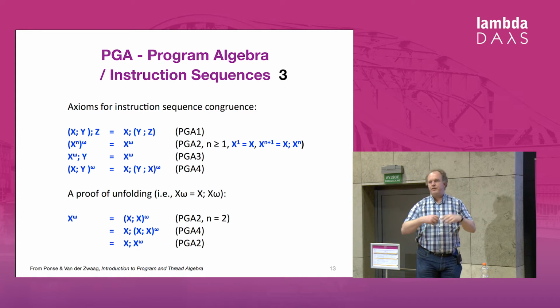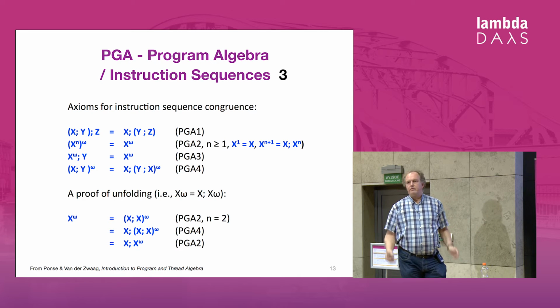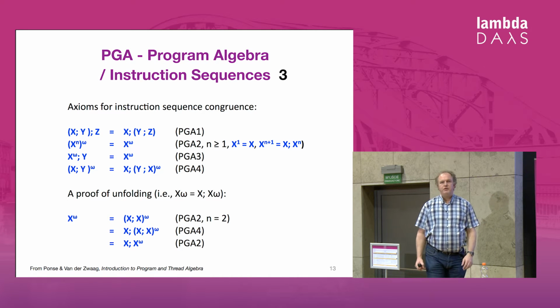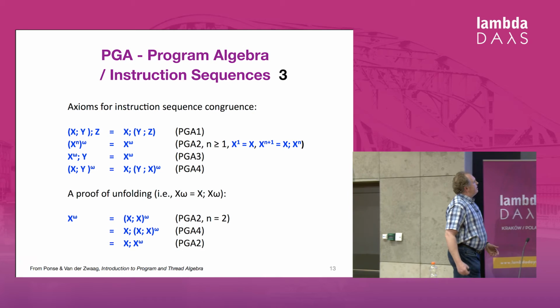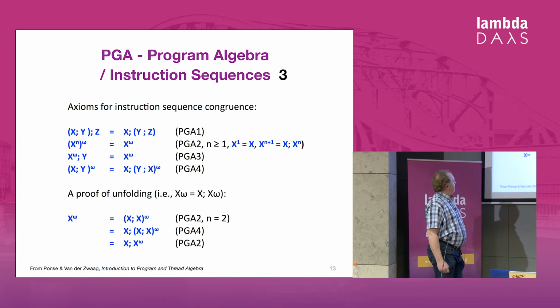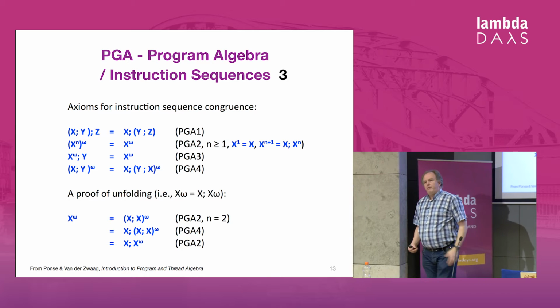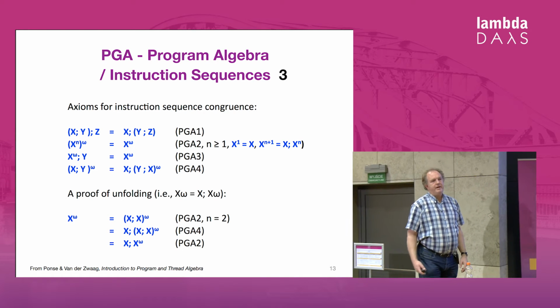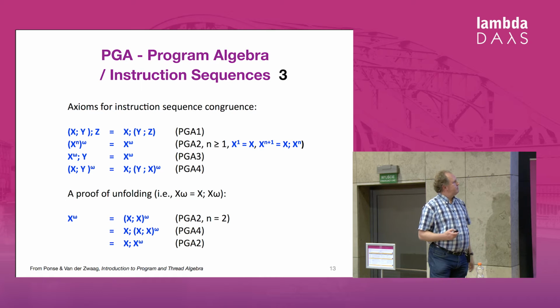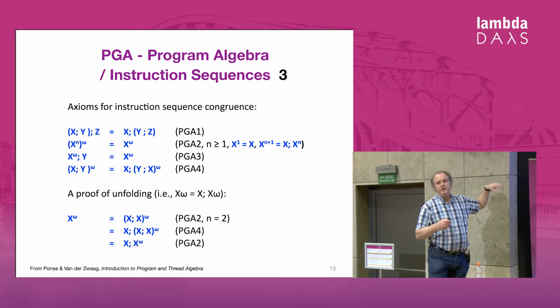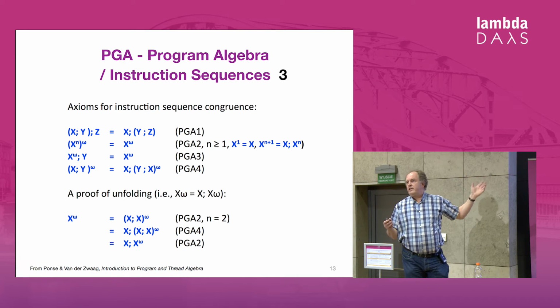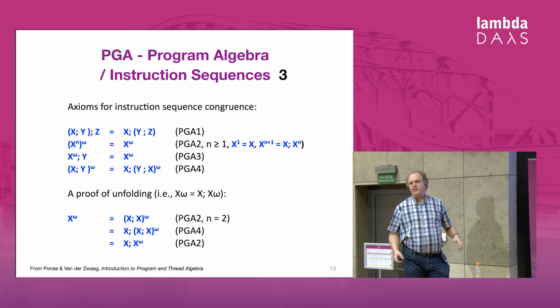It always starts with axioms and then proves that it's sound and so on. And he gives some laws. You have a loop unfolding, which can be proven by use of these axioms. So I won't dive into this, but the style is completely similar to ACP, I would say.